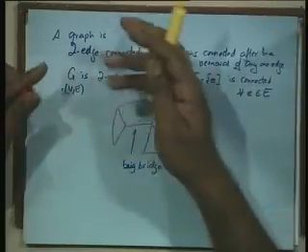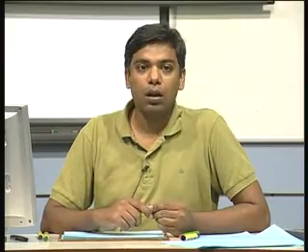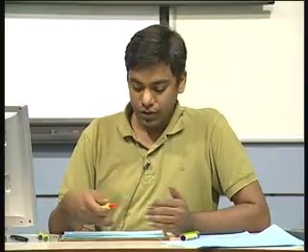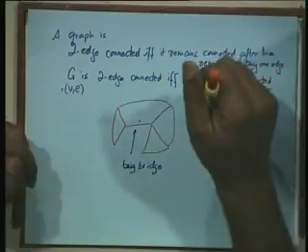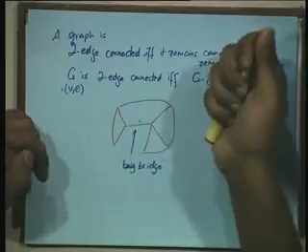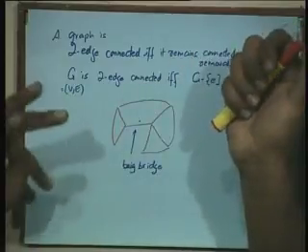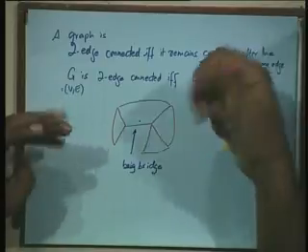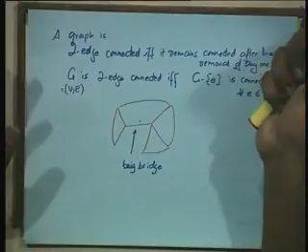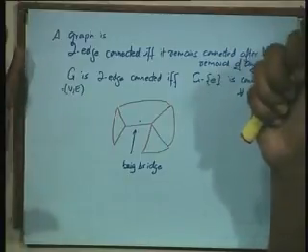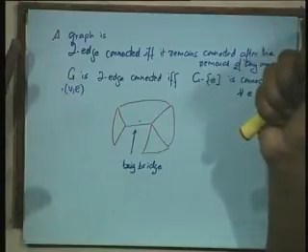Why do you think this notion of 2 edge connectivity would be useful? Right. So, if this were a computer network and some link fails, then you are interested in whether the network is still connected or not. If your network was 2 edge connected to begin with, then no matter which link fails, your network can still keep functioning because it will still remain connected.